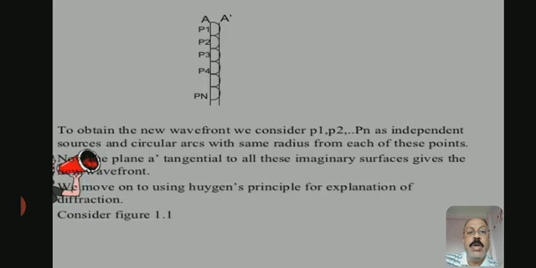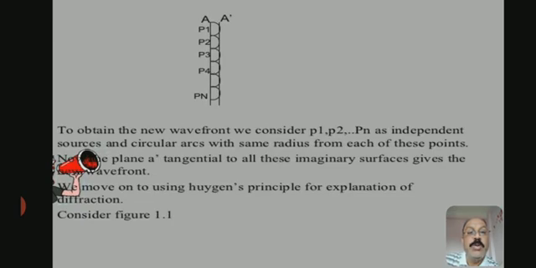To obtain the new wavefront, we consider P1, P2, up to Pn as independent sources and draw circular arcs with the same radius from each of these points. The plane tangential to all these imaginary surfaces gives the secondary wavefront.